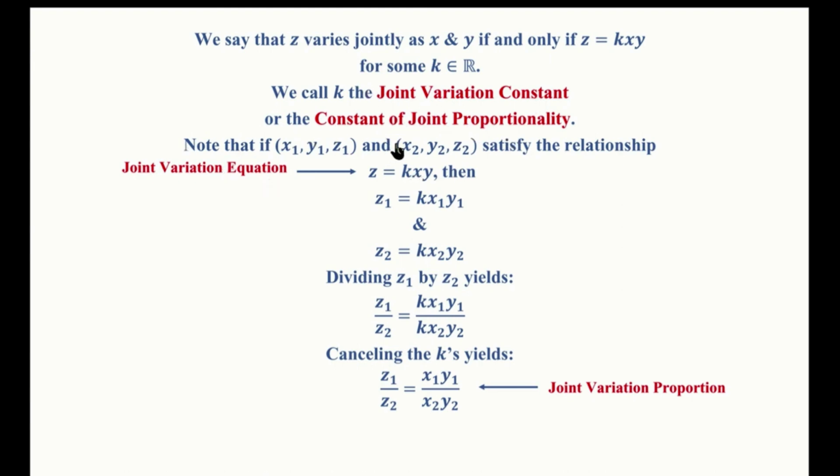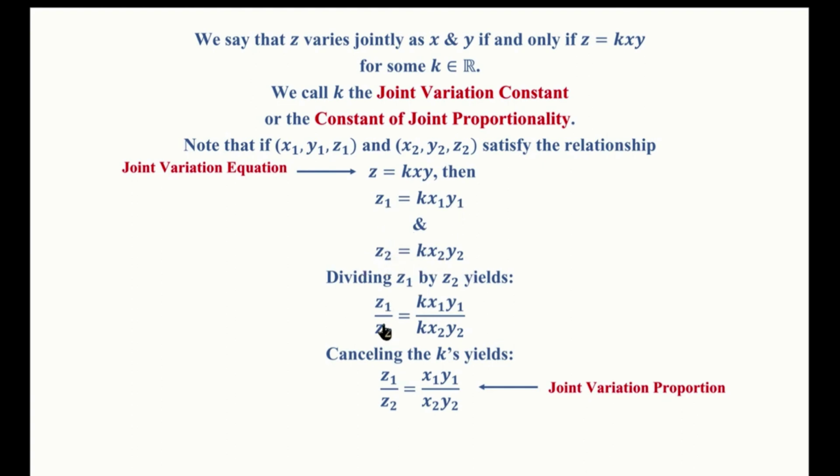All right, so suppose that we have a joint variation and that these two ordered triples satisfy it. So that means z1 equals k x1 y1 and z2 equals k x2 y2, right?